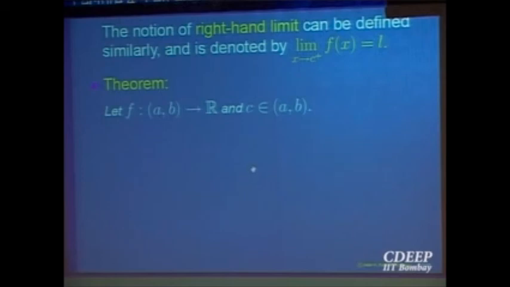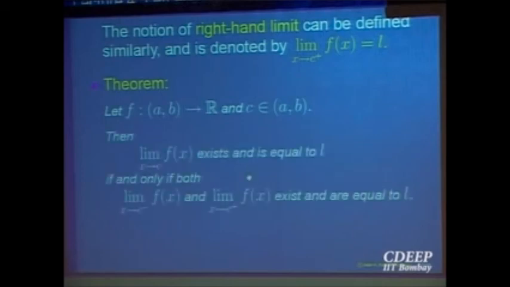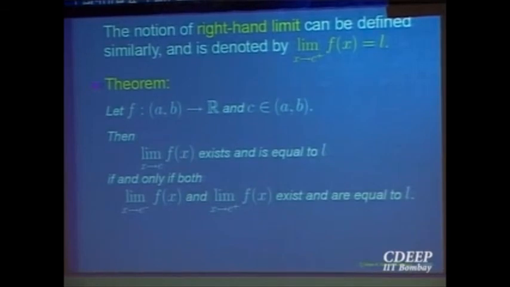Okay, this is a property I think we will skip, since all of you know it: the limit exists at a point if and only if both the left and right hand limits exist and are equal to the same value, right?